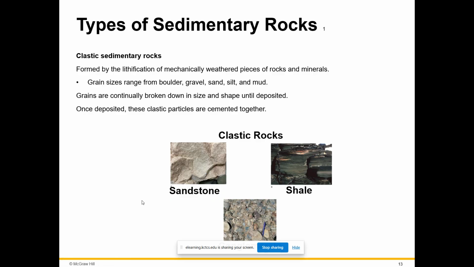So here are some examples of clastic rocks. We have sandstone, shale, and a conglomerate. Really, the main difference here is grain size: big pebble-sized grains, sand grains, and then clay grains.